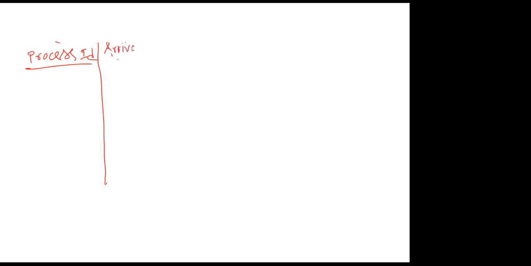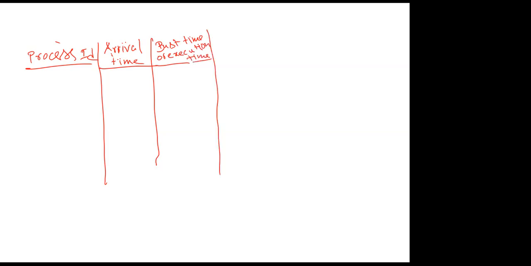Arrival time means when the process comes to the RAM. And third is the burst time, or execution time.